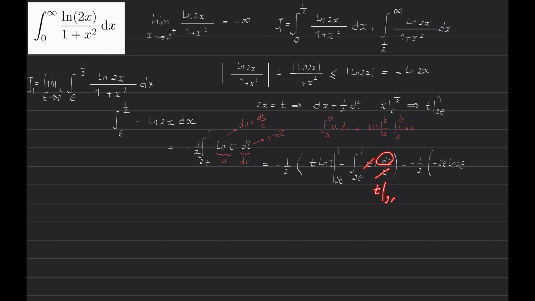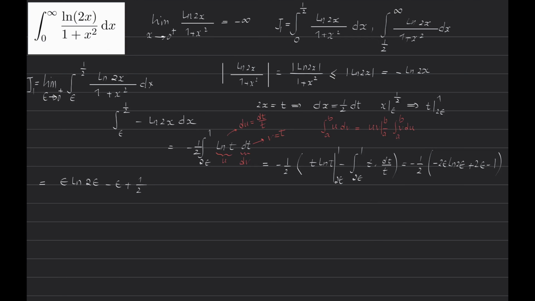I have to run it from 2 epsilon to 1, so it becomes 1 minus 2 epsilon, but there is a minus sign here, so it becomes 2 epsilon minus 1. And then I multiply that minus a half in, so it becomes epsilon ln of 2 epsilon, and then I have minus epsilon plus 1 half.